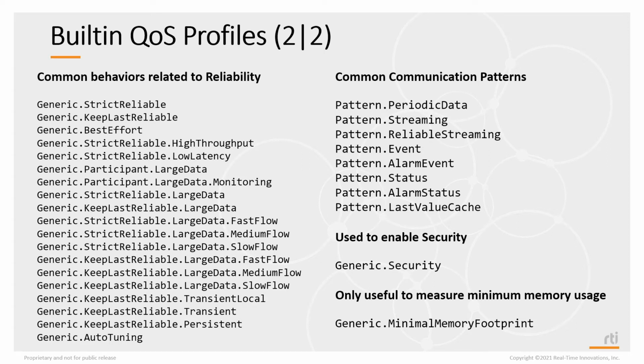Doing so will configure the QoS parameters to allocate the bare minimum needed to create the application. However, the resulting application may not run or perform the way that you need it. So it's really the minimum memory that allows you to create something but not necessarily use it in a useful way.